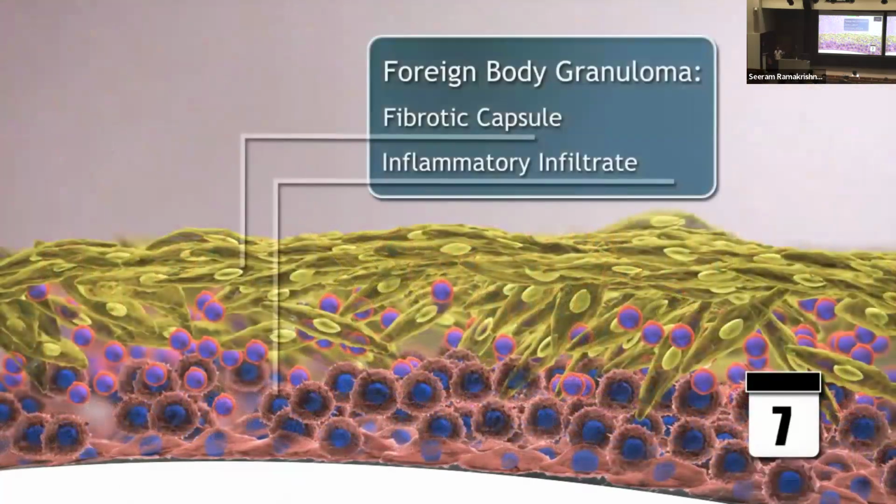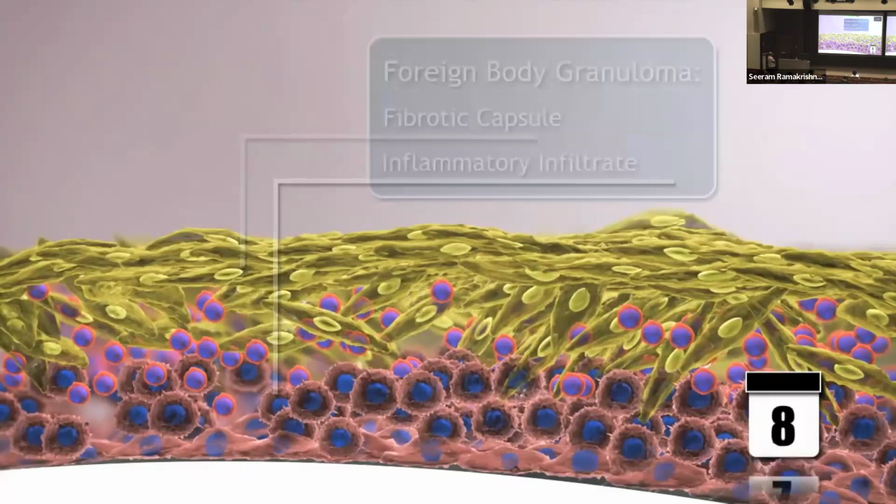As the process continues, the number of cells in the granuloma increases, and after 1 week, an early foreign body granuloma can be recognized with its typical layering. In the interior, the macrophage layer, and outside the fibrous or cicatricial capsule comprising collagen fibers and a great number of fibroblasts.